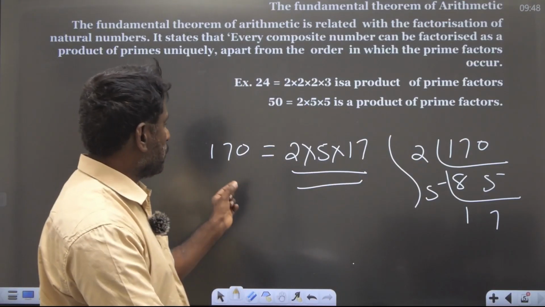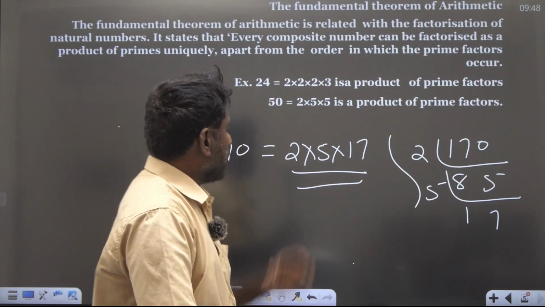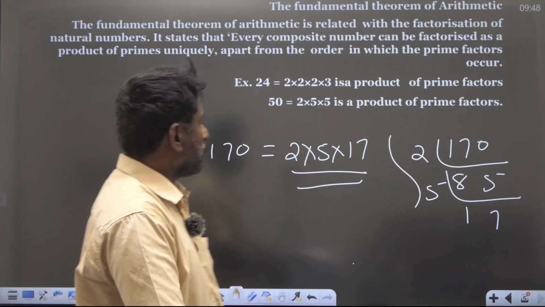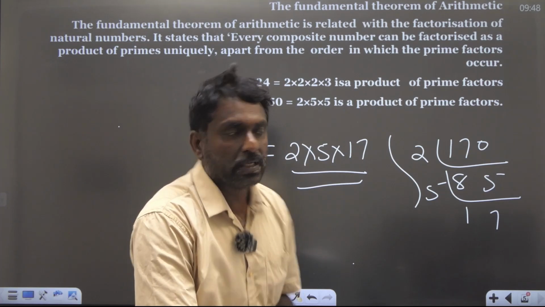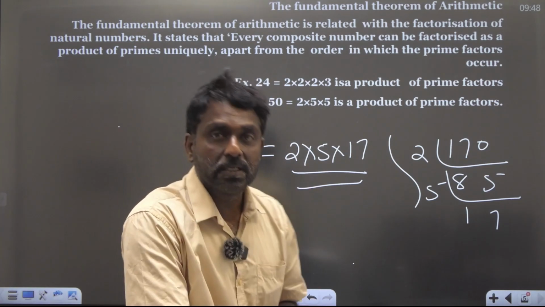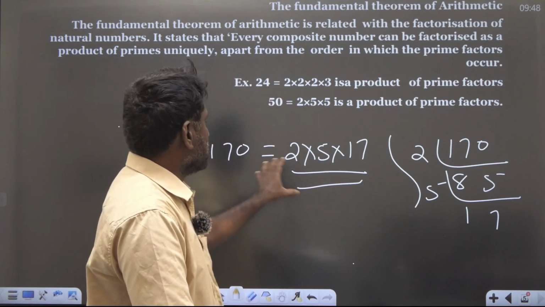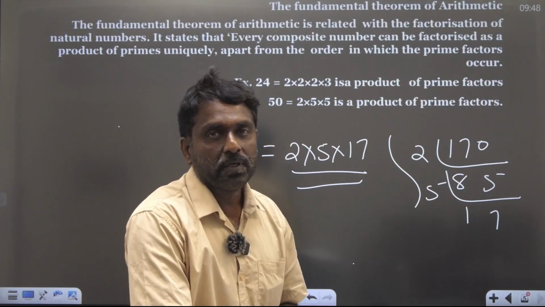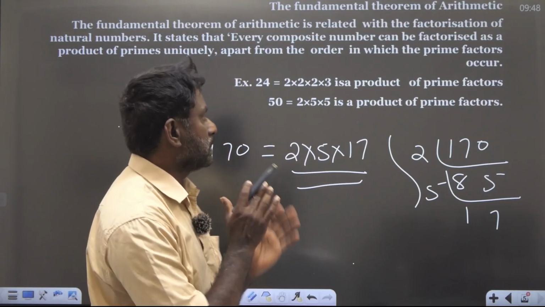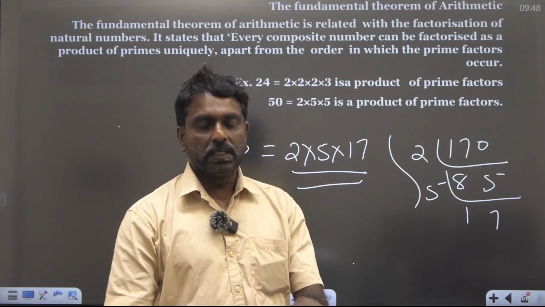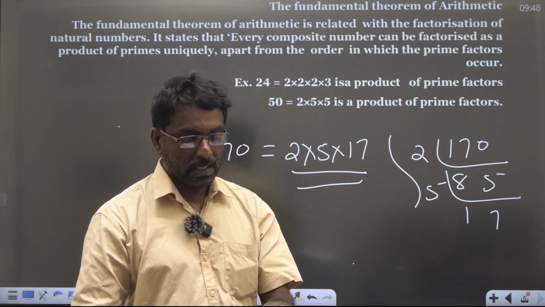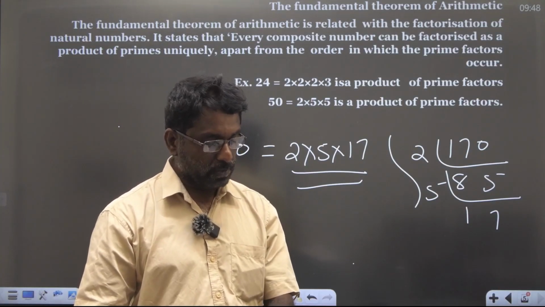Now the 170 is expressed as the product of the prime factors 2, 5, 17. 2 into 5 into 17, right? So this is called the fundamental theorem of arithmetic. This is the most important part of this chapter. We will do some more examples from your textbook.